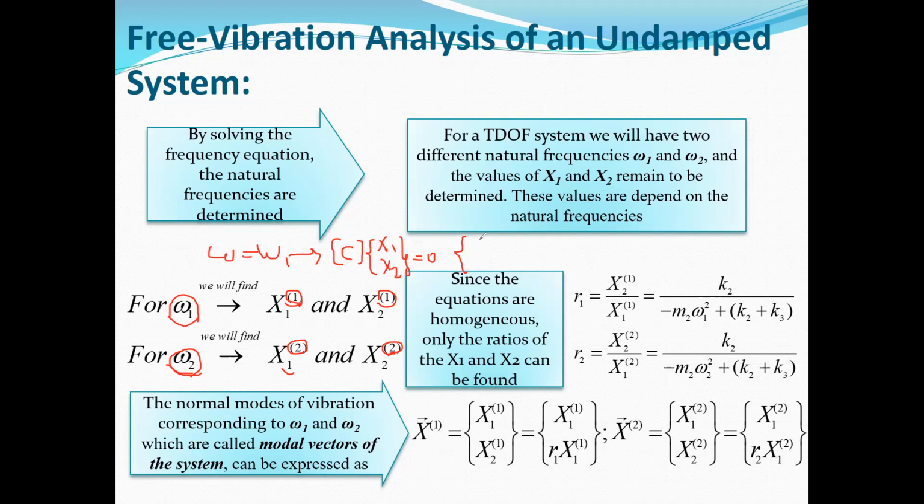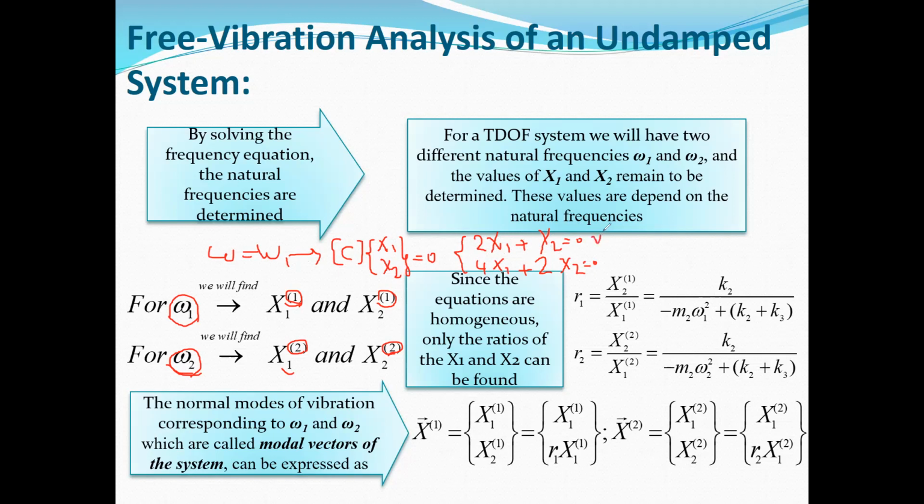For example, assume that in the first equation we find 2 multiplied by x1 plus x2 is equal to 0, and the second equation will be something like this: 4 times x1 plus 2 times x2 is equal to 0. These values are only my assumption to explain what will happen.